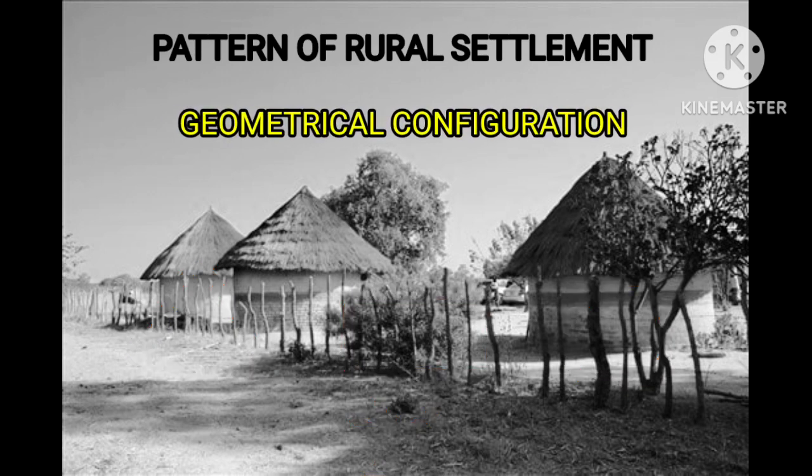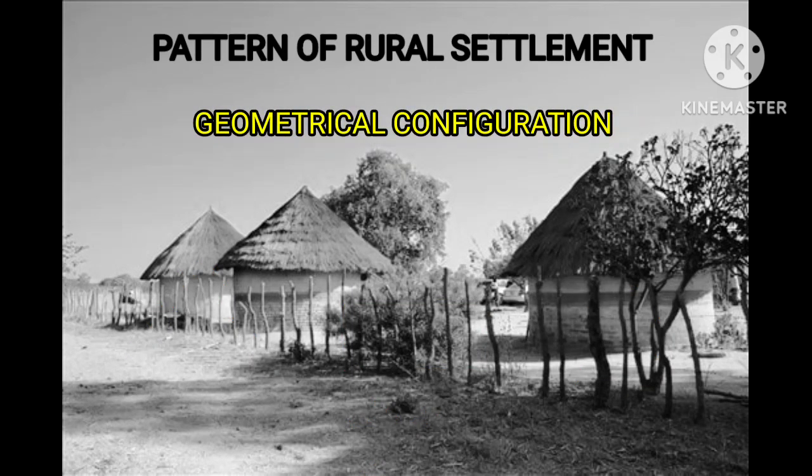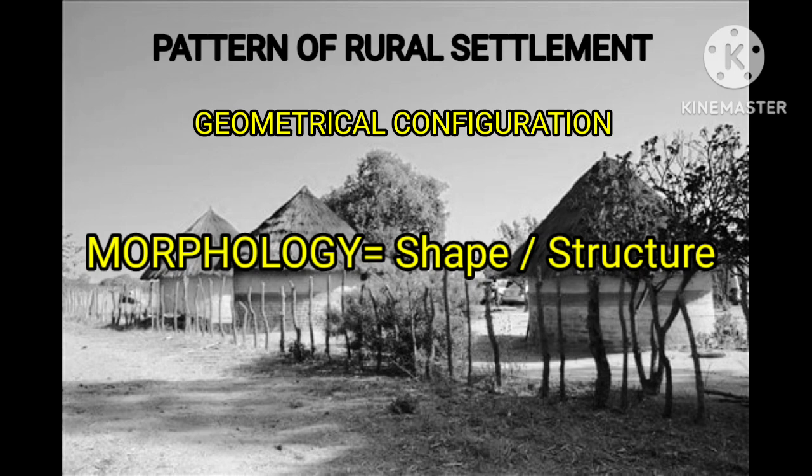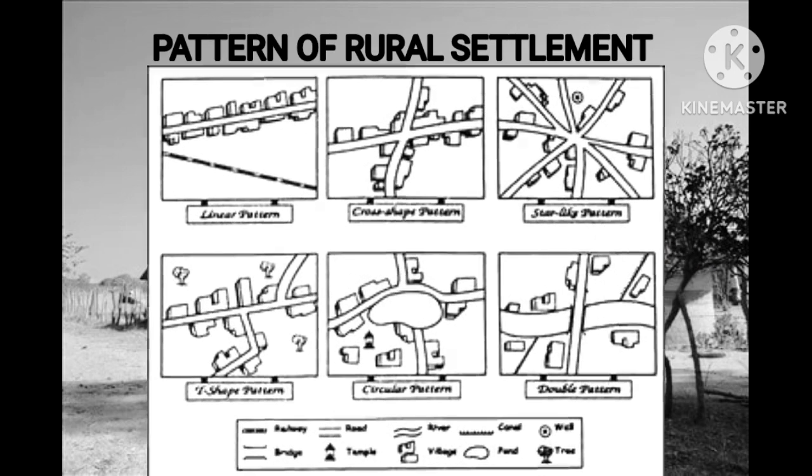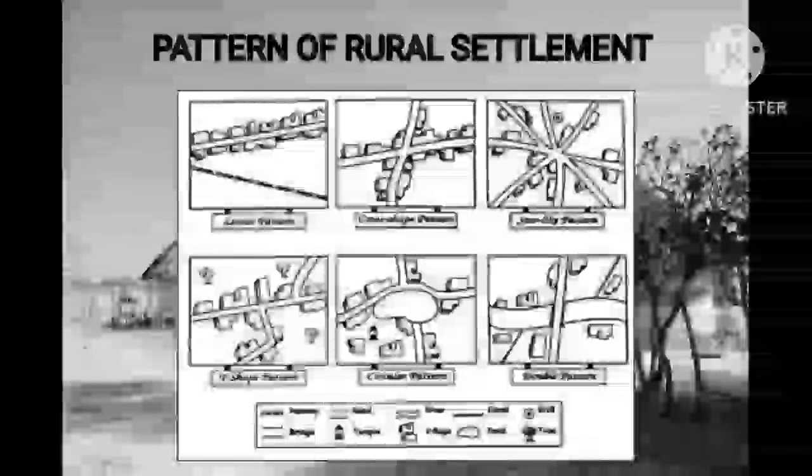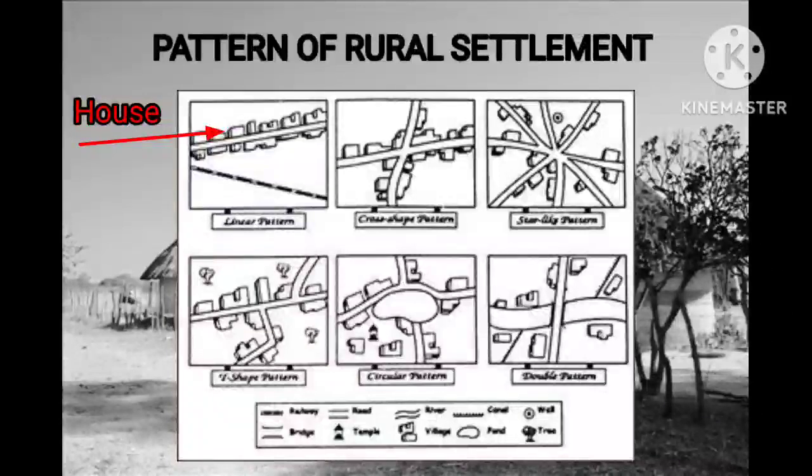Generally, pattern refers to the geometrical configuration or the external morphology of a rural settlement. Morphology means the structure. It refers to the geometrical shape or arrangement of rural houses and settlements in an area that reflects the layout plan. Layout means again the design, as well as the geometrical shape of agricultural land and the pattern of transportation lines.